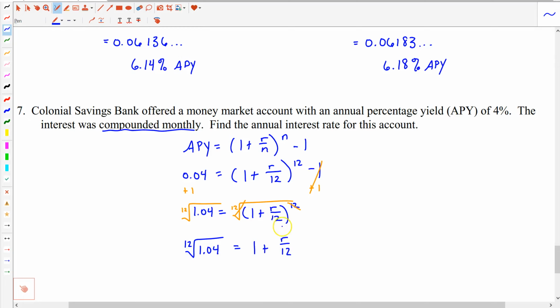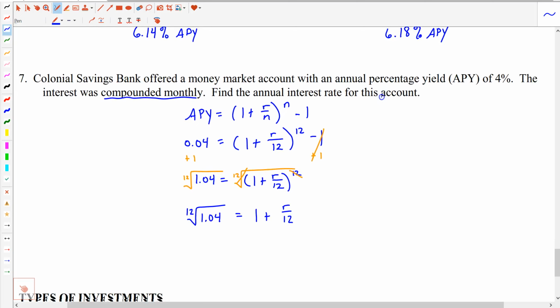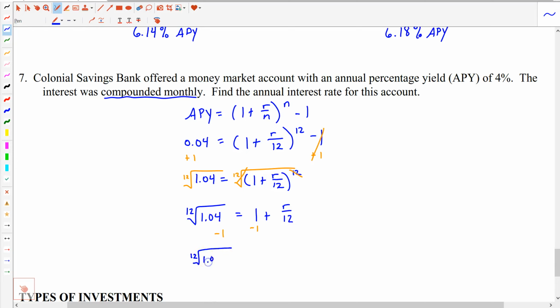Now, at this point I want to mention, you cannot go inside these parentheses and, for instance, subtract the 1 out or multiply both sides by 12. You can't go inside parentheses and just start pulling pieces out. We had to undo this exponent in order to free this thing so we could start moving pieces around. So to solve this for r, I'm going to move this 1 to the other side by subtracting it from both sides. So I would have the 12th root of 1.04 minus 1 is equal to r divided by 12.